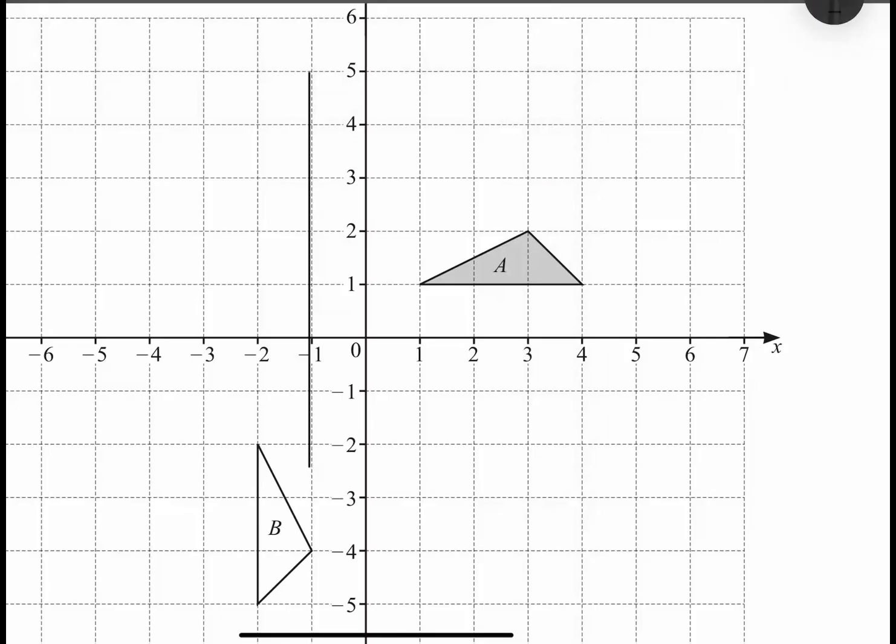So now we need to translate triangle A. So we're going to look at the distance from the line x is equal to minus 1 to the main triangle, right? So notice that there are two boxes from here to the line. So we'll do the same on this side. From this point, there are four boxes, so we'll do the same.